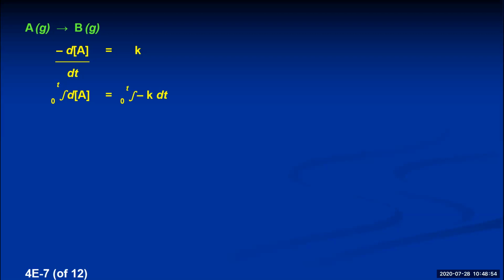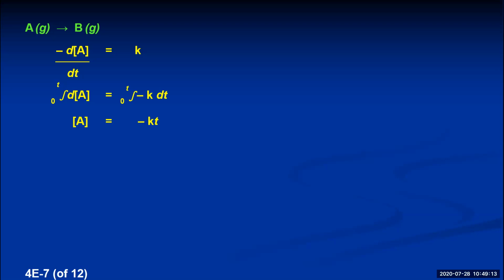What if you were taking the integral of negative k dx? Well, the integral of that would be negative kx. So in this case, when you take the integral of negative k dt, it'll be negative kt. So integrating both sides of the equation, I get concentration of A equals negative kt.